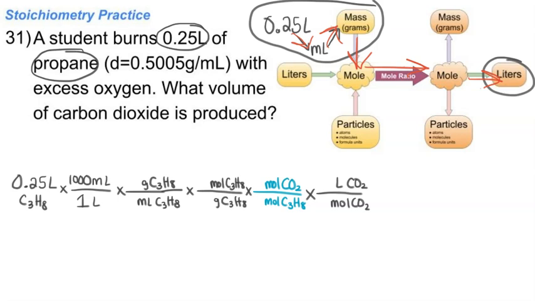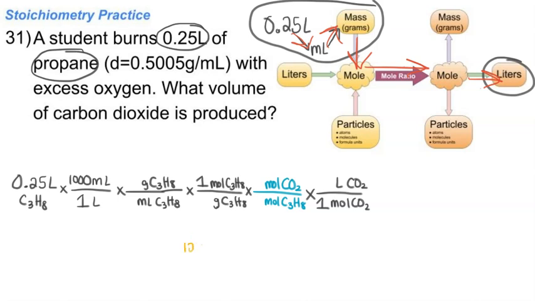So I know that anytime I see mole that's not in a mole to mole ratio, I'm going to put a 1. So I'll put a 1 on the bottom of my last conversion factor. I will put a 1 on the top of my gram to mole conversion factor. And then I think that's all for the moles. Now we'll start by figuring out how many grams are in a mole. So C3H8, I'll need to add up that molar mass.